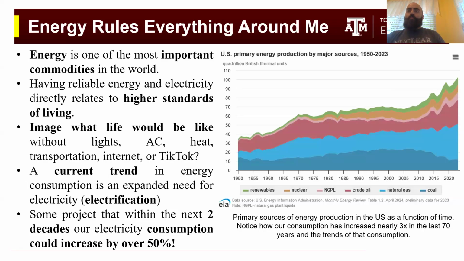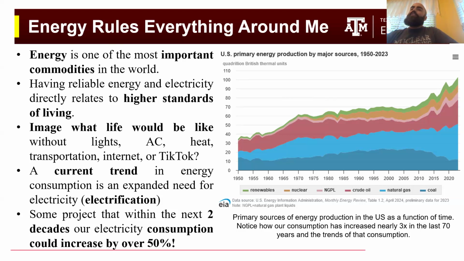You might not have thought too much about it, but I think we take energy for granted. We're in a developed country like the United States, we're used to the electricity just turning on. We flip the light switch and the lights come on. We plug our charger into the wall and then our device charges up.